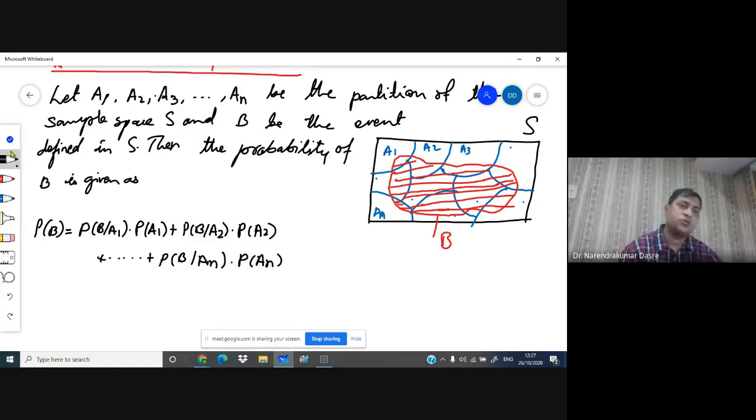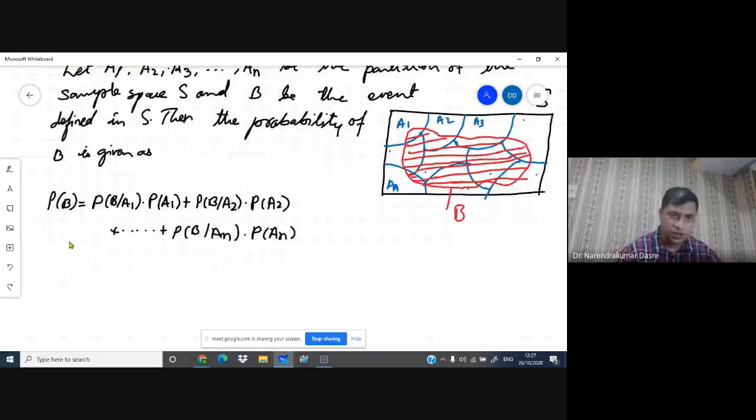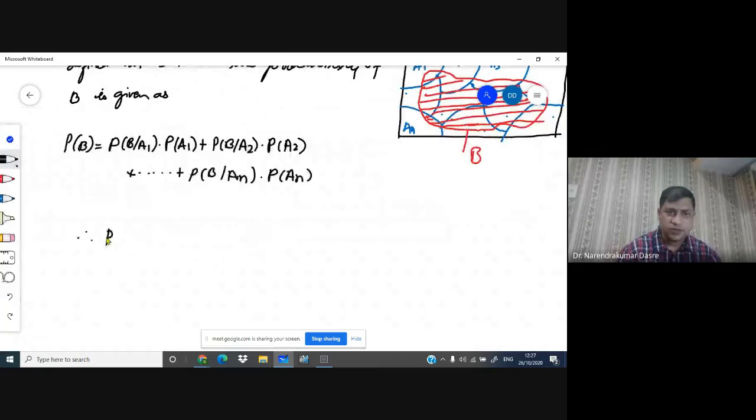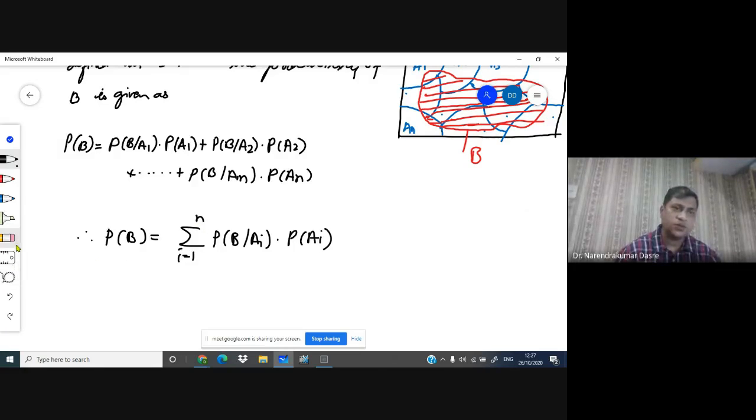Okay. So this is called the total probability theorem. Or in short, I can write this as the probability of B is equal to summation probability of B on AI into probability of AI, where I is running over the partition.